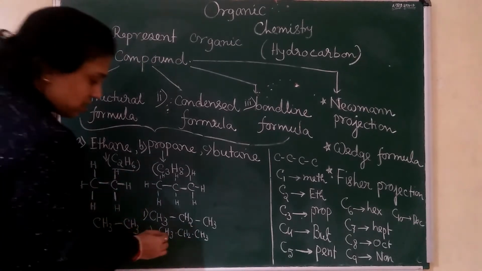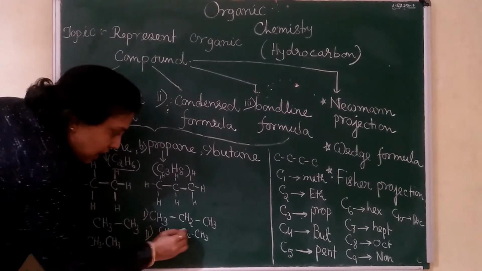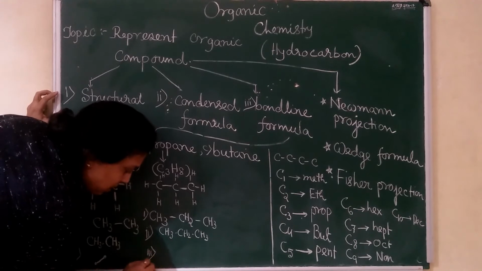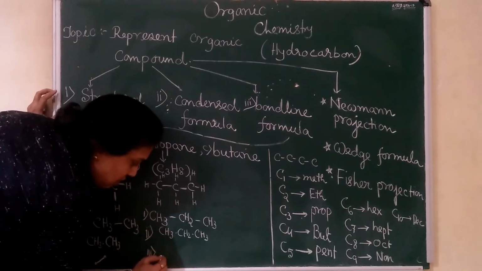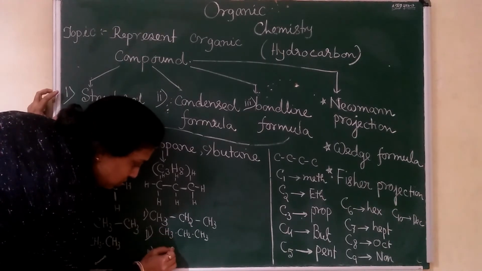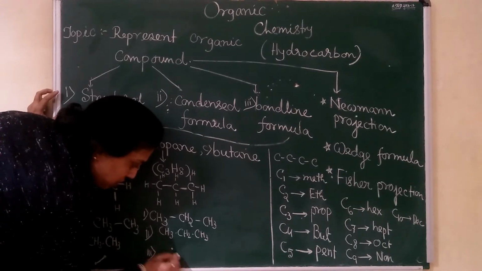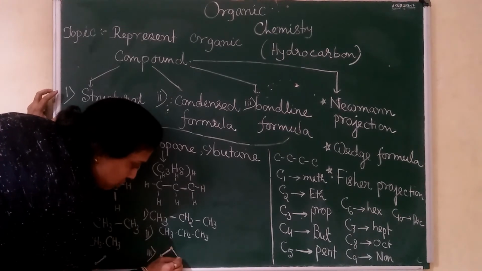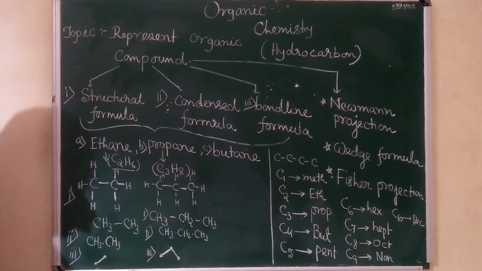Now if it is a bond line, how many carbon? 3 carbon. So how do you do it? The third representation, 3 lines, 1, 2, 3. 3 points. So this is 1 carbon, this is 1 carbon, this is 1 carbon. So this is the structure of propane.